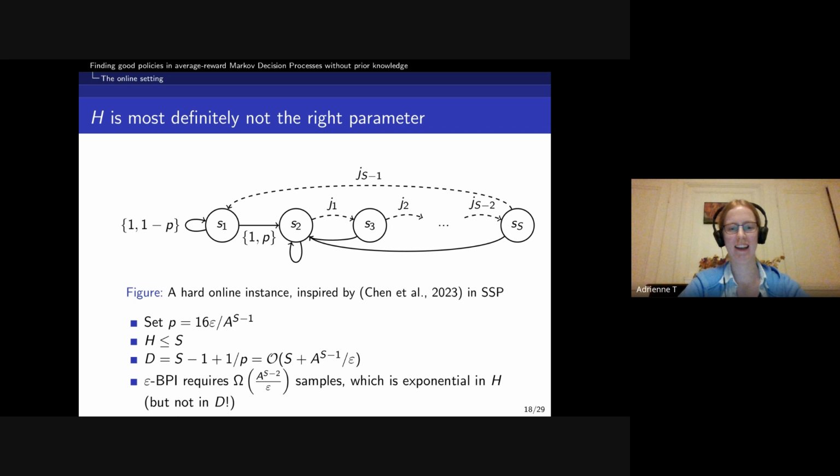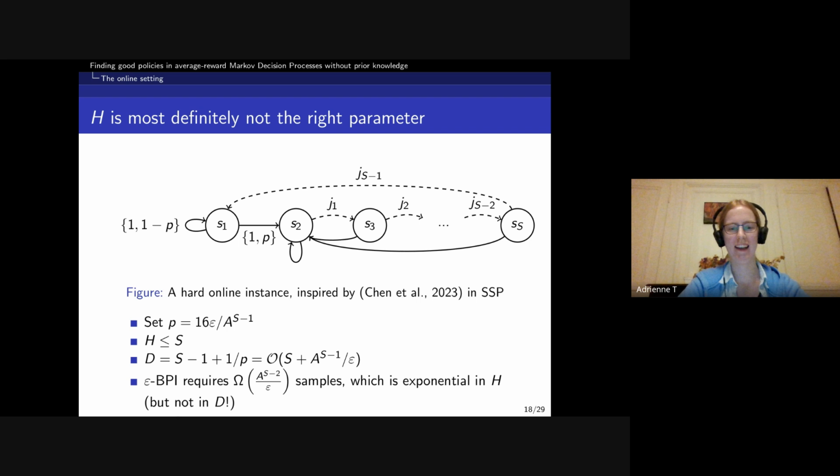Well, you're not really that sad, because you are using the optimal policy. You know how to get out. The only thing you need to pay is S steps to get back to state S1. And so in this setting, H is small, only on the order of S.